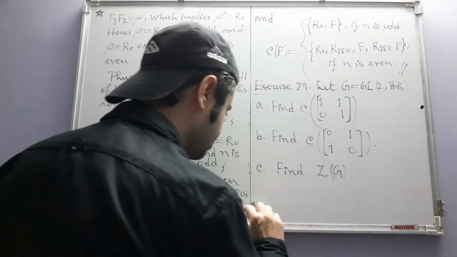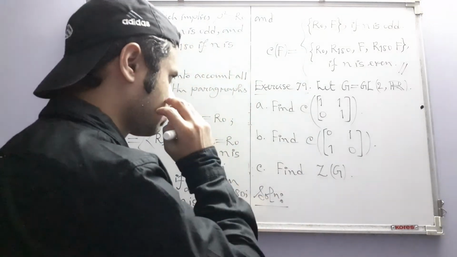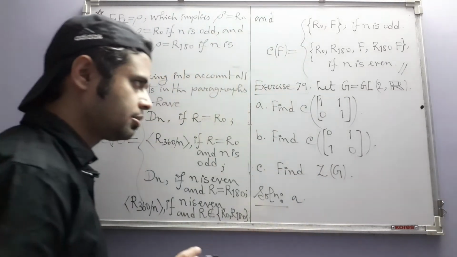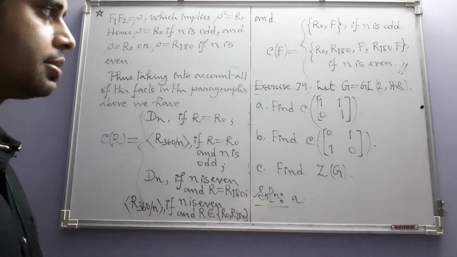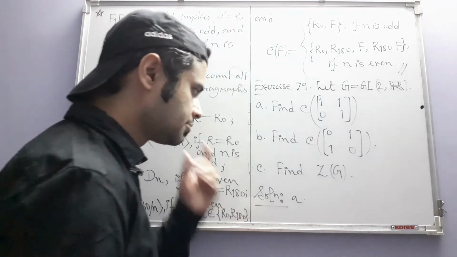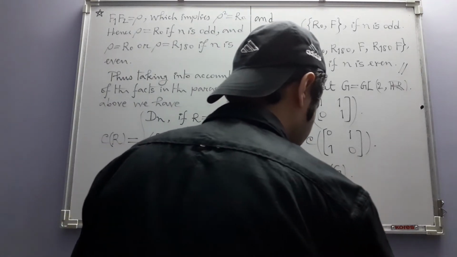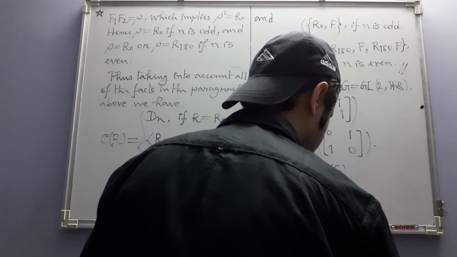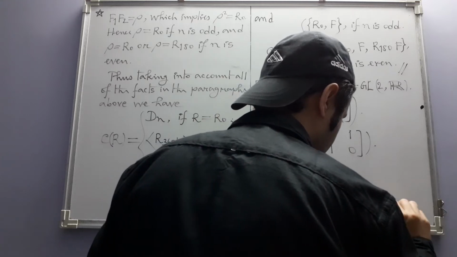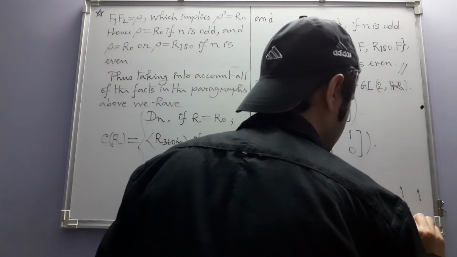Okay, so let's see the solution. A. At least in this case, the calculation is, I won't say it's easier than this one, but we are more familiar with this type of calculation. Let the matrix A, B, C, D belong to the centralizer of this given matrix.